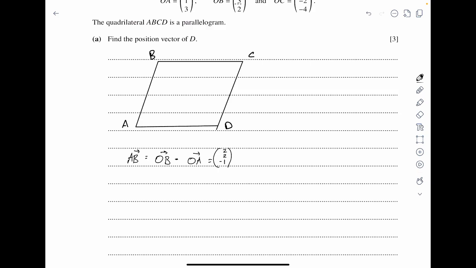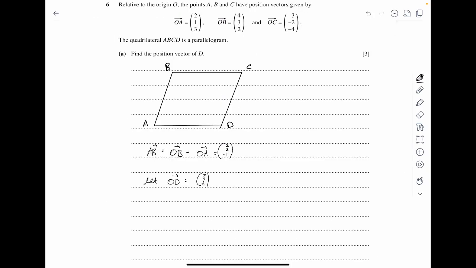Knowing this, we can find AB by saying AB is equal to OB minus OA, which equals 2i, 2j, and negative 1k. Remember now that we obviously don't know what OD is, so we can let that equal x, y, z.